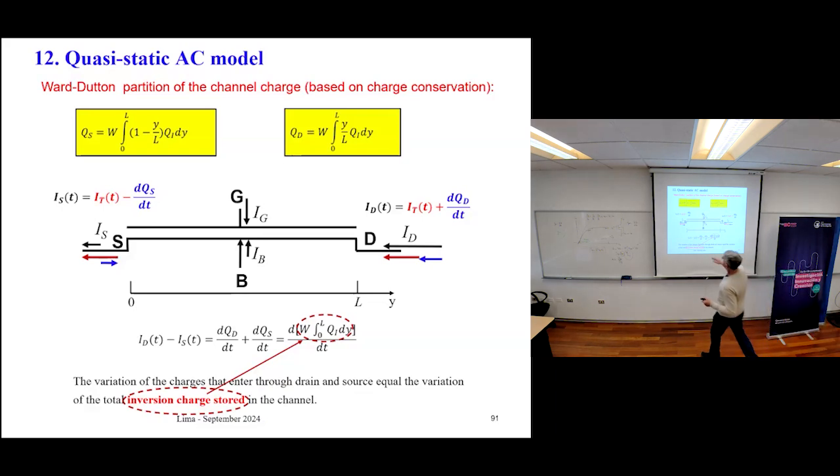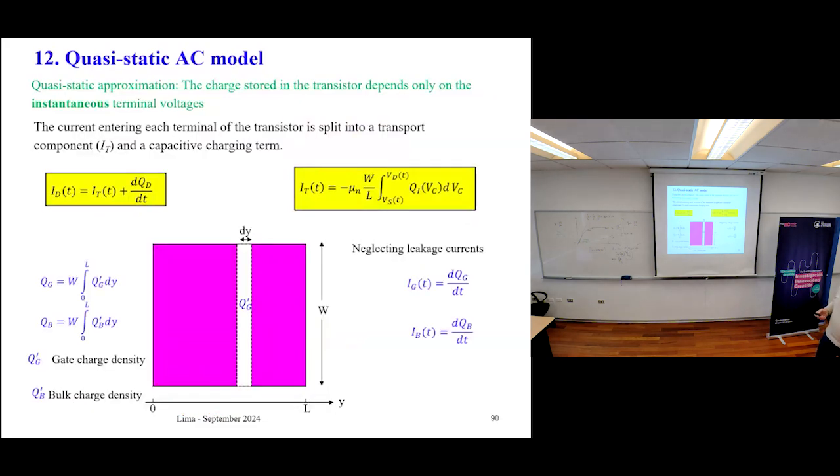If the channel changes the charge, it comes from somewhere else. Okay, so the charge was not conserved. Then Professor Dutton at Stanford, and I suppose 1 or 2 students, found out how to model this partition of charge between source and drain.